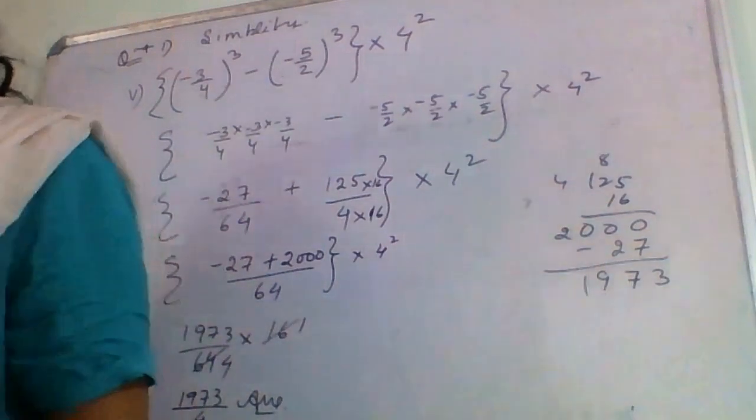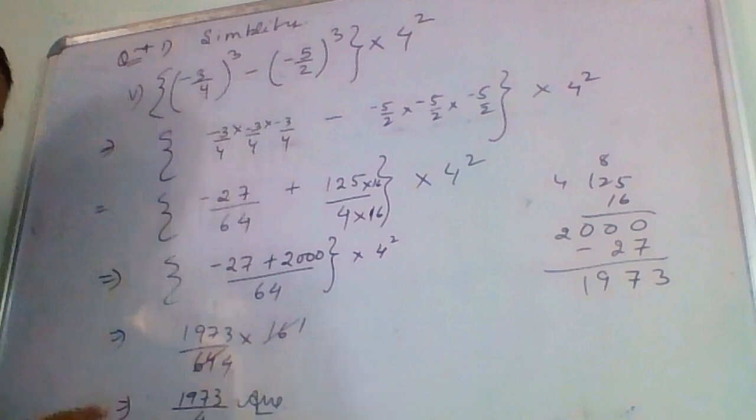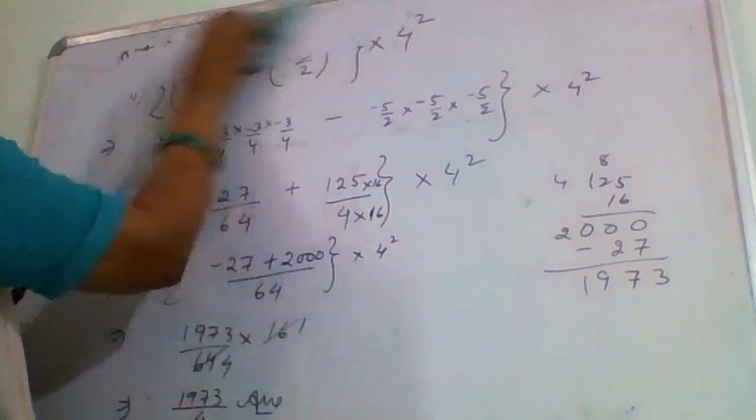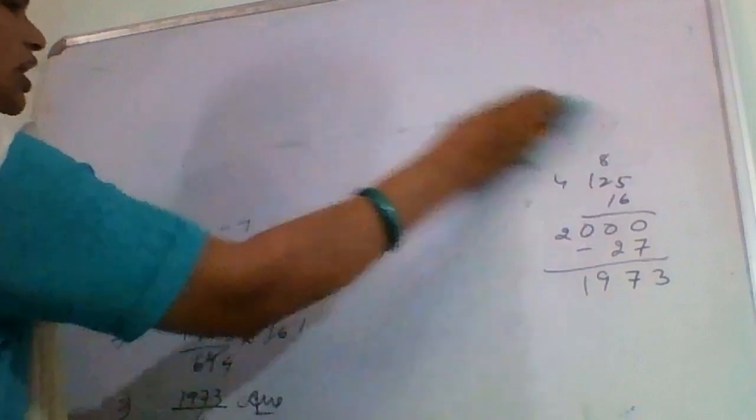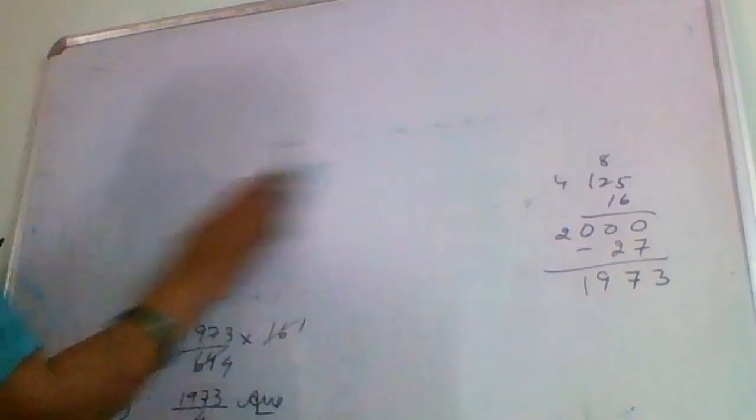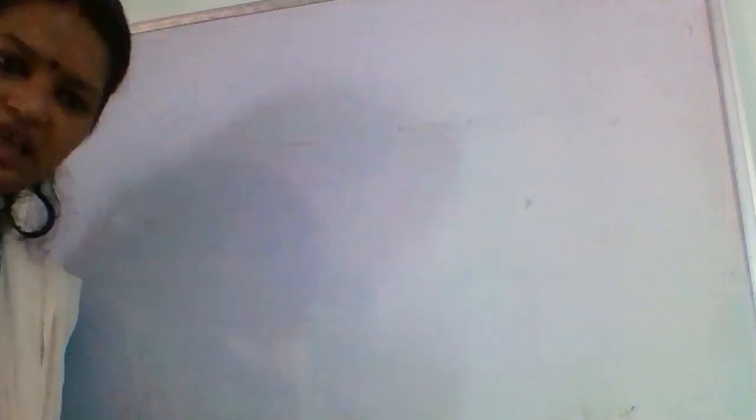Now, question number 8 is based on laws of exponent. That is also simplification, but that question we will do by the laws of exponent. The laws of exponent, again I will revise them. If two numbers in exponential form having the same base are multiplied, what is that?